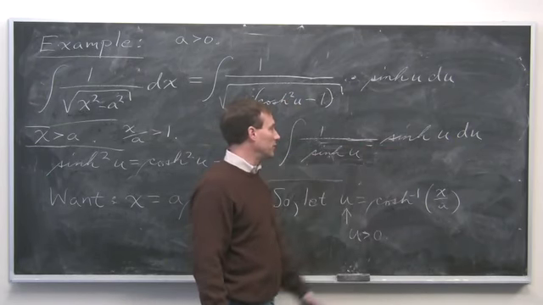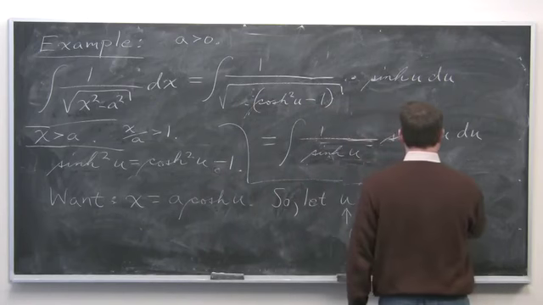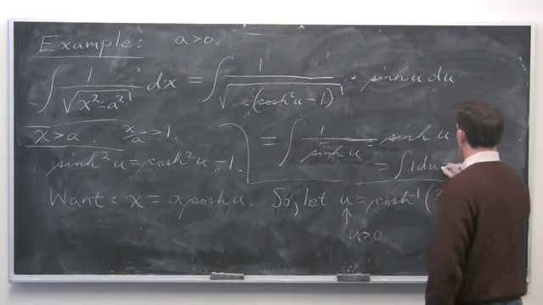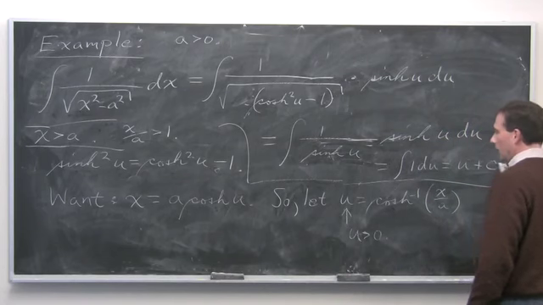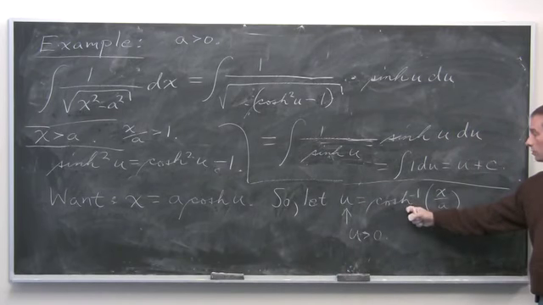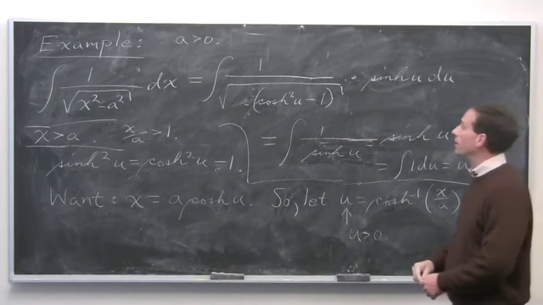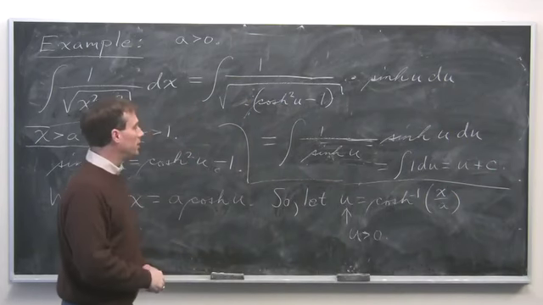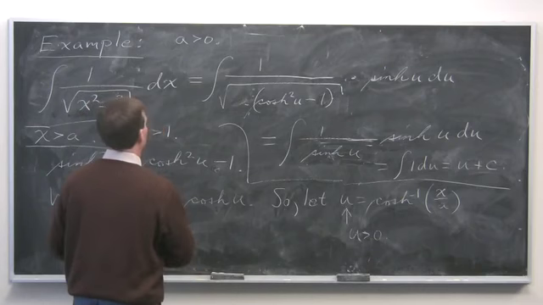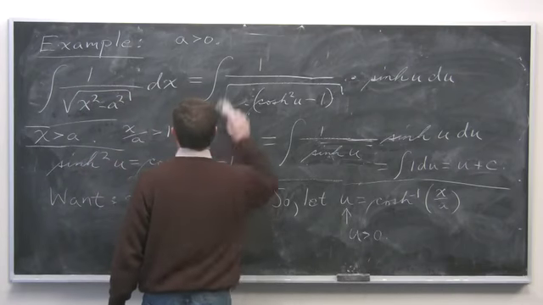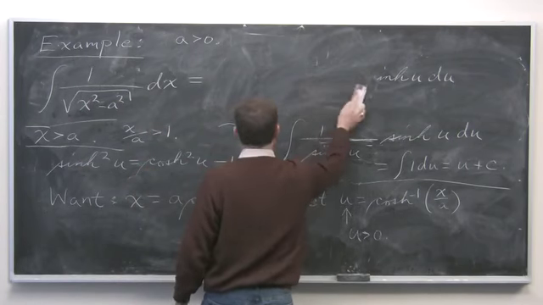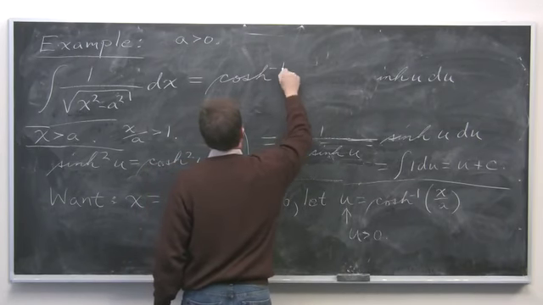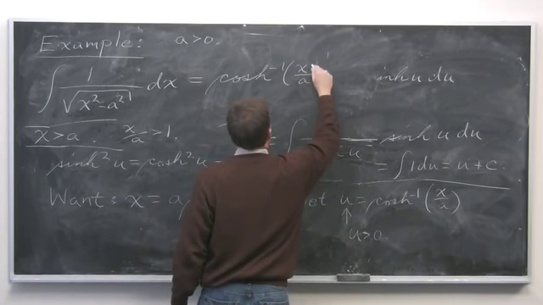It does cancel with this hyperbolic sine of u, and you do get the integral of 1 du. That's u plus a constant. And then you put back in that u is inverse hyperbolic cosine of x over a. So yes, what you get fairly quickly is that this integral is the inverse hyperbolic cosine of x over a plus a constant.